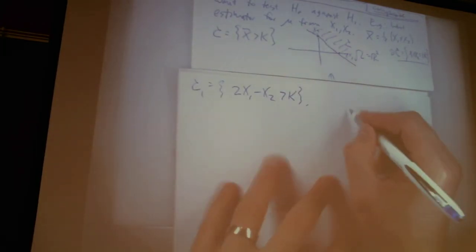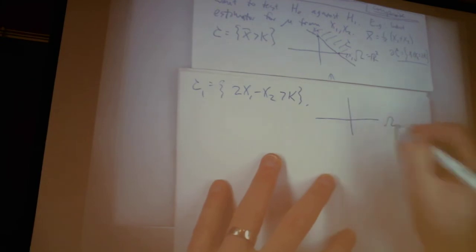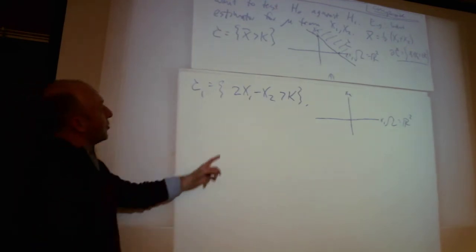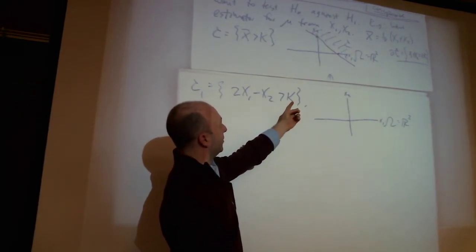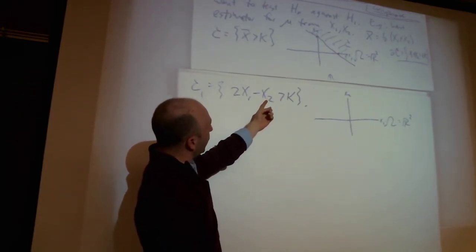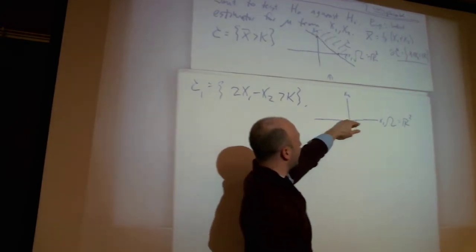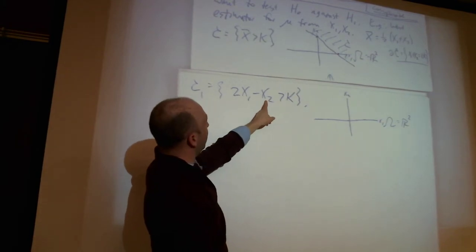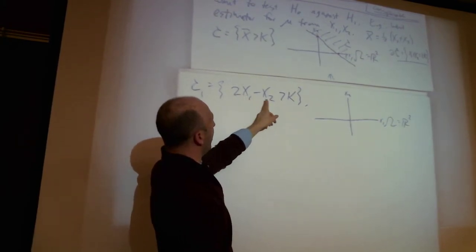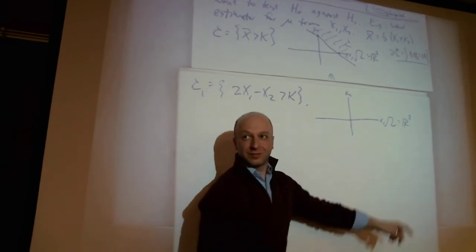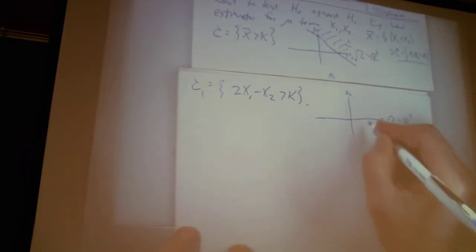What does that look like as a region in space? Here's my x1 outcome, here's my x2 outcome. What does the boundary of this look like? It's when this thing is equal to 2k. So when x2 is equal to 0 on the x-axis, I have 2x1 is equal to k. So x1 is k over 2. That's some point here, k over 2.